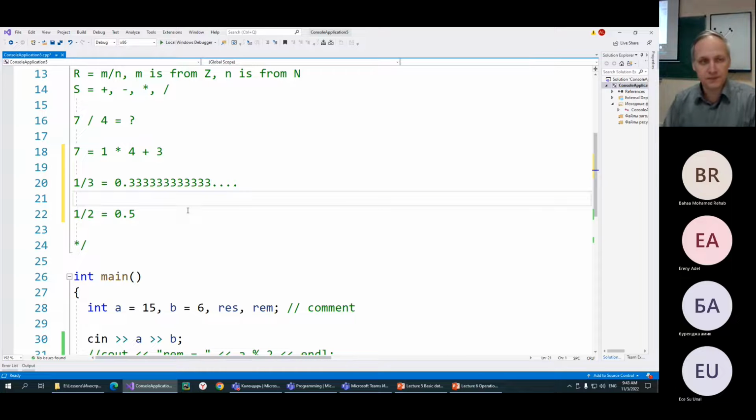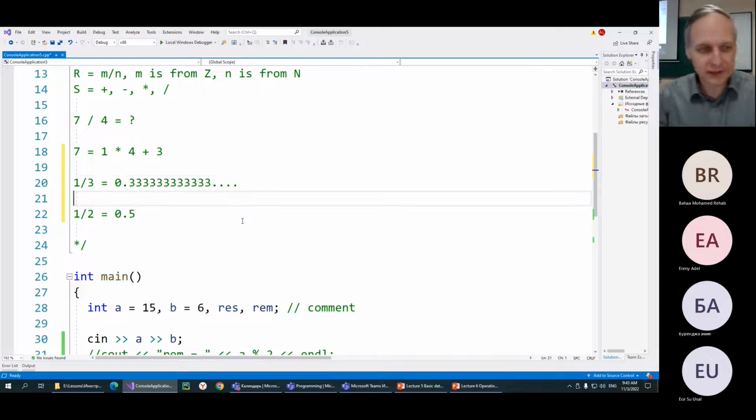This problem is bigger. For example, 1/2 can be represented in a computer exactly, but 1/10, yes, it can be represented on paper, but it cannot be represented in a computer exactly, only with some predefined accuracy.